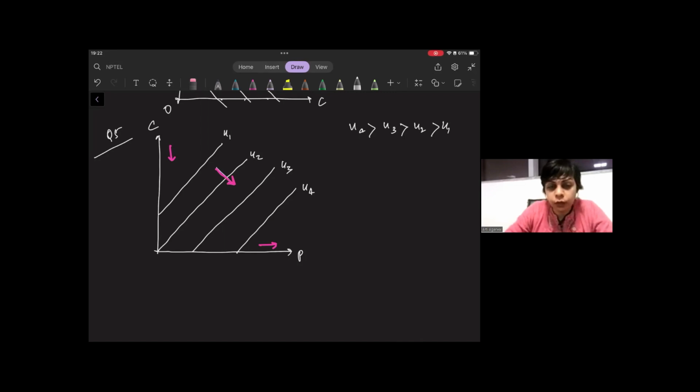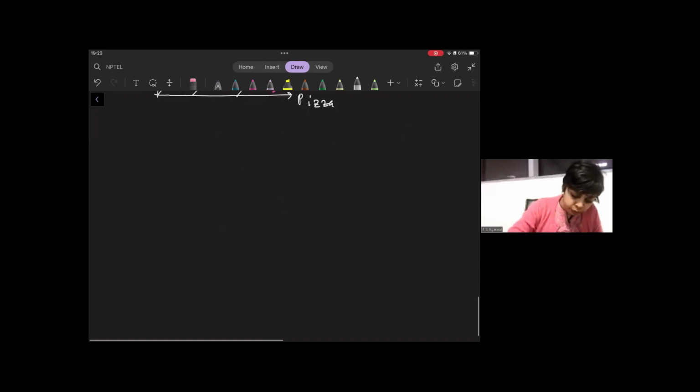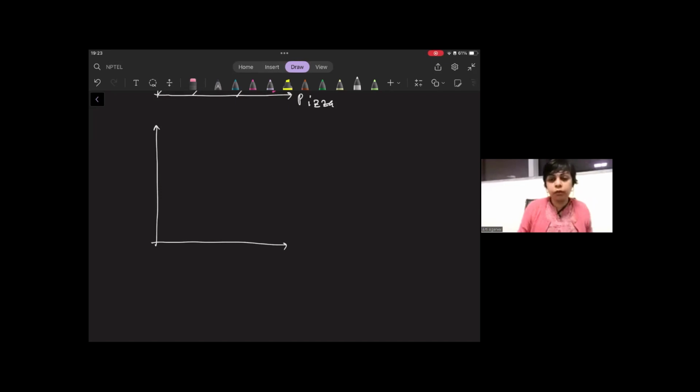So what we have now talked about is this is pizza, this is Coke, right? In this case, it so happens that we have put pizza on the x-axis and Coke on the y-axis, so you're getting the curves like this. But if you just flip it, then again, don't try to mug it up. Just think about the same thing again. Suppose pizza is here and Coke is here, right?